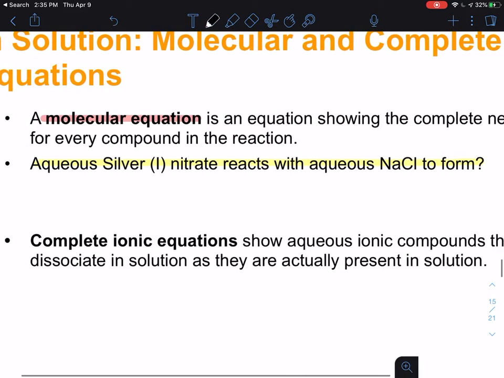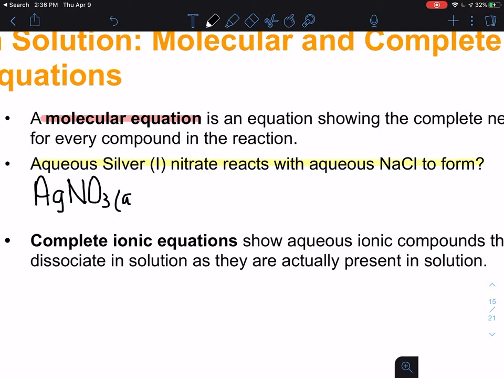So we have aqueous silver 1 nitrate, Ag NO3 (aq), which reacts with aqueous sodium chloride to form what?